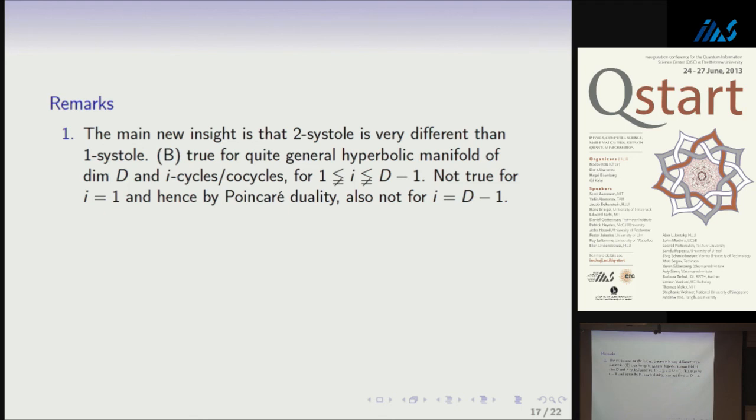My question is, do you have an estimate of how general these homological codes are within CSS quantum codes? I mean, they're very special. You don't expect that it will be general.